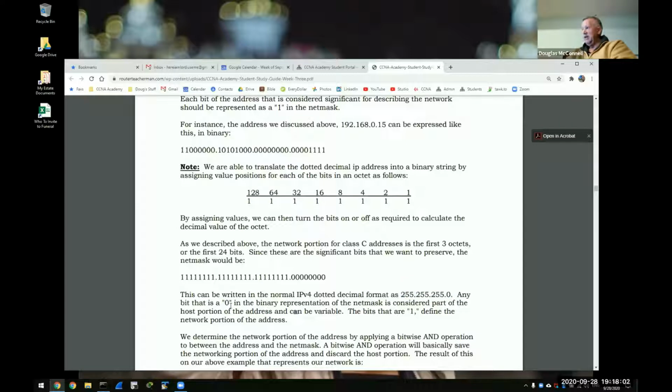Any bit that is a 0 in the binary representation, which would be these bits here, are the host portion. And they can be changed. They can be turned on, they can be turned off. These bits don't change, they're the network bits.